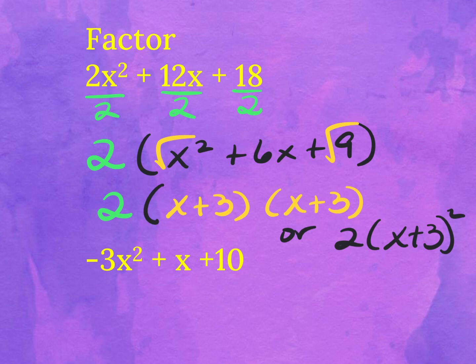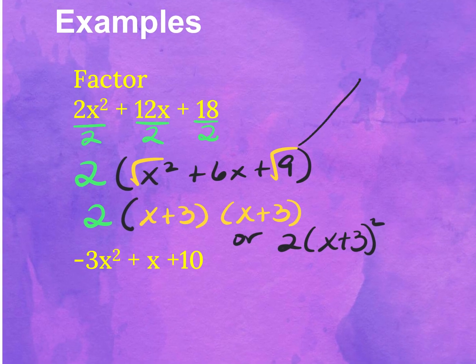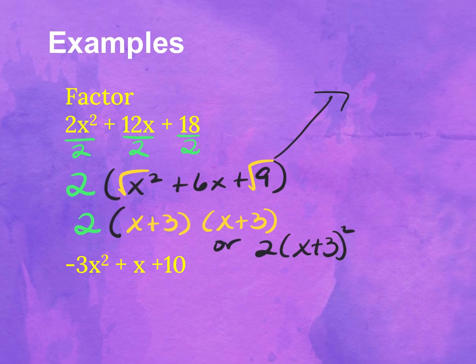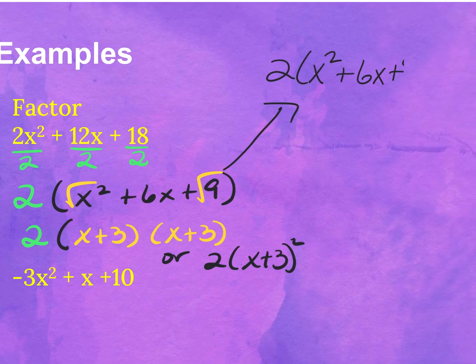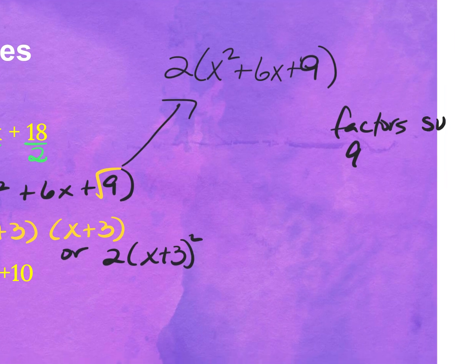Now, if you didn't recognize that, you can do it the longer way. So let's say we're at this point now with the 2, then the x squared plus 6x plus 9. So I'm looking for factors of 9 that sum to give me 6.